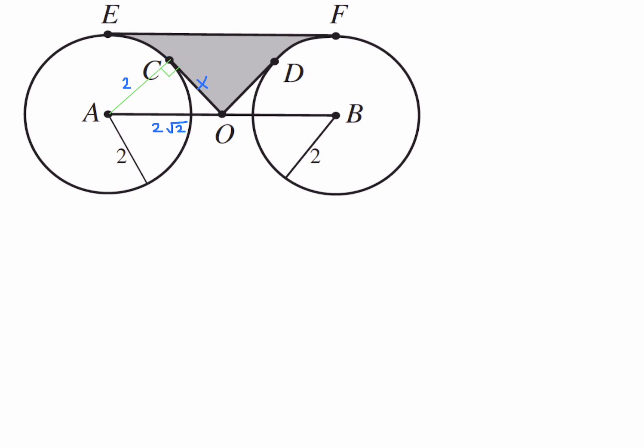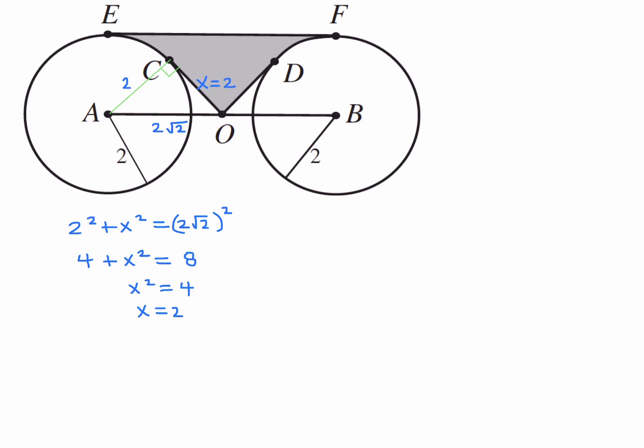So I can use Pythagoras to figure out x. So we've got 2 squared plus x squared is equal to 2 root 2 all squared. That gives me 4 plus x squared is equal to 4 times 2, which is 8. And therefore x squared is equal to 4, and x is equal to 2. So that distance is 2.